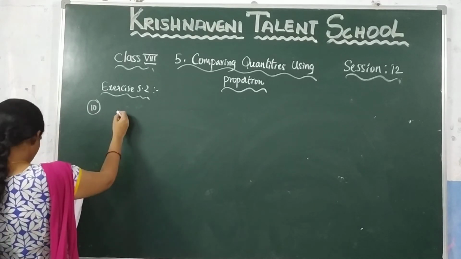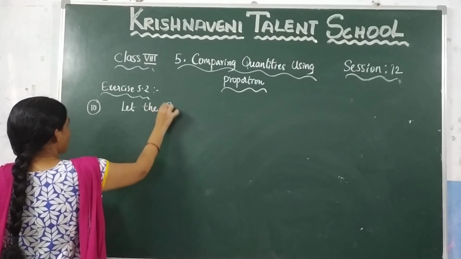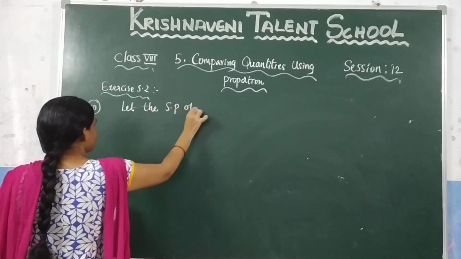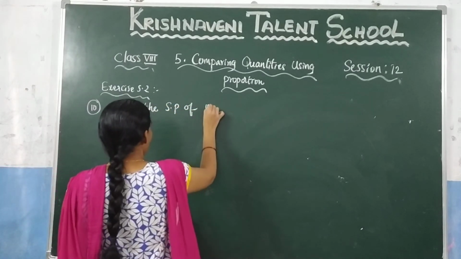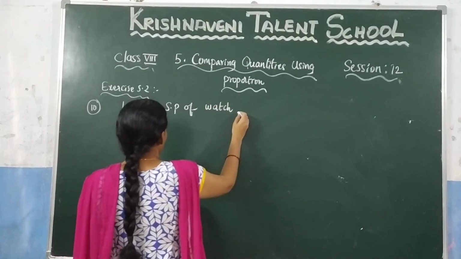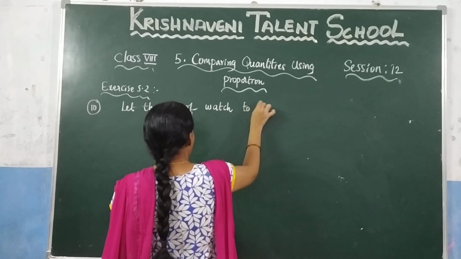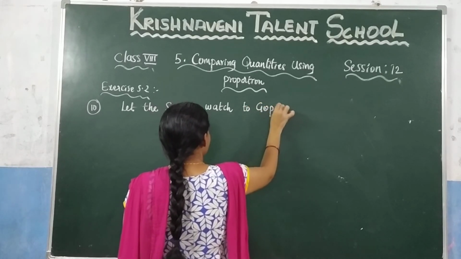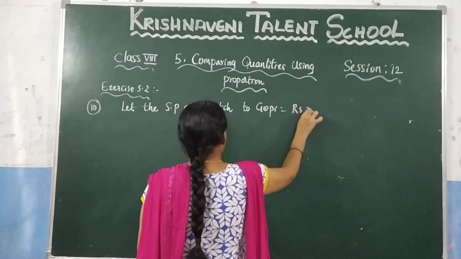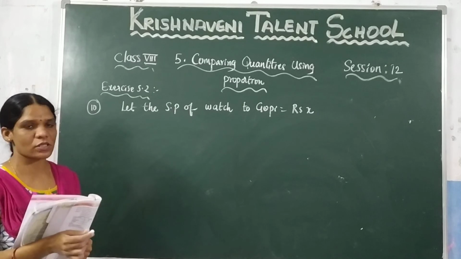Take the question. Let the selling price of the watch be X rupees. Now the same thing will become the cost price of Ibrahim.